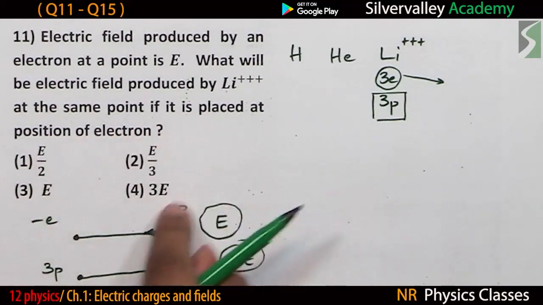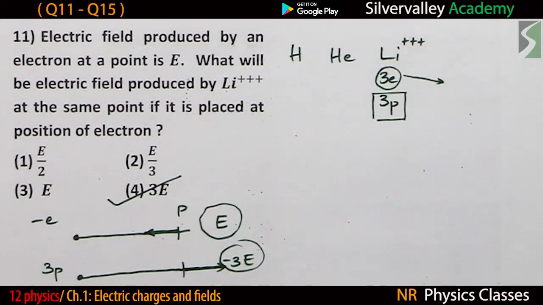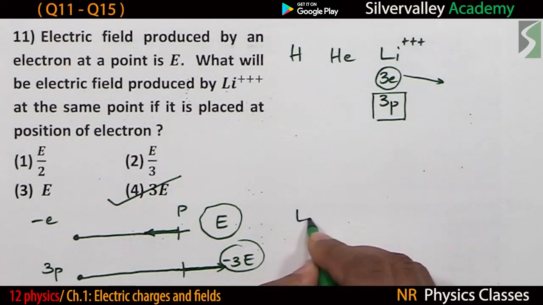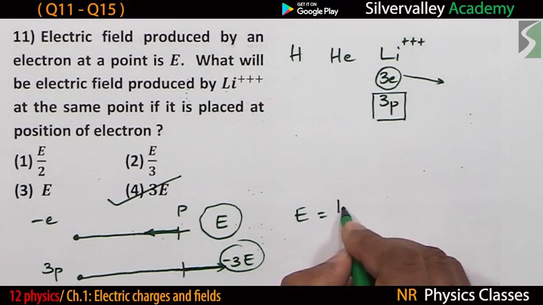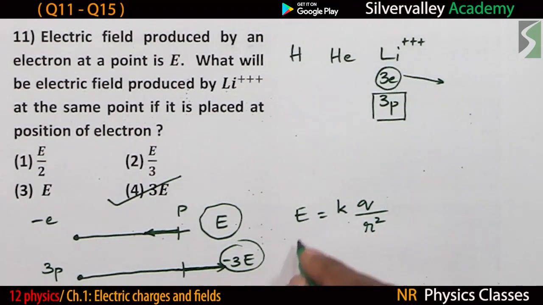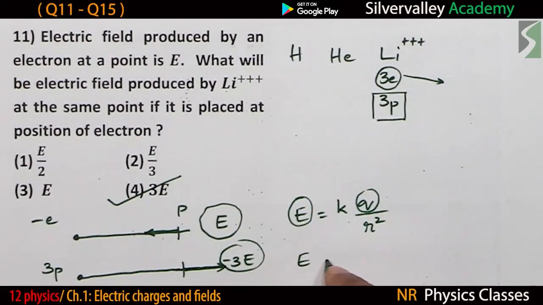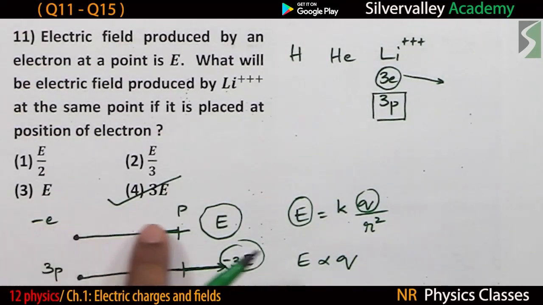There is no negative sign in any of the options. Therefore, just 3E. And electric field is constant Q by R square. Electric field is proportional to Q. That is why for one charge E, for 3 charges 3E.